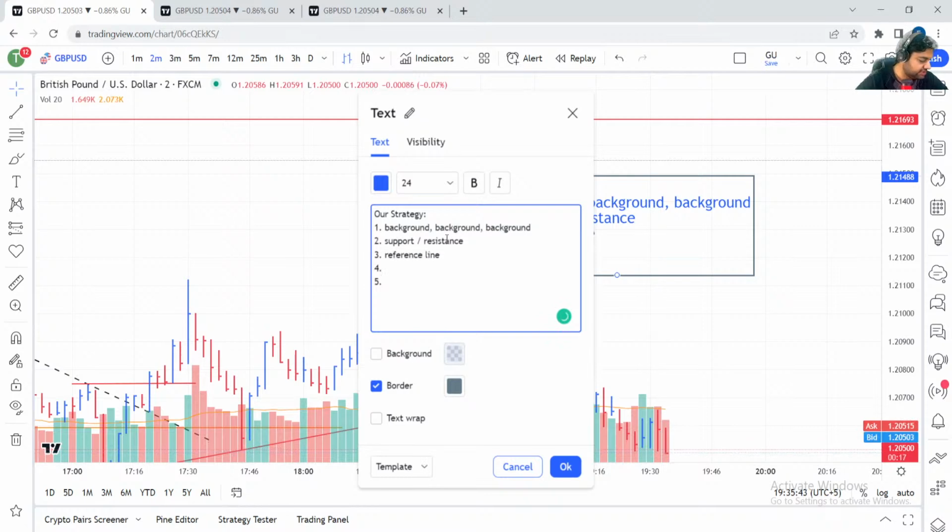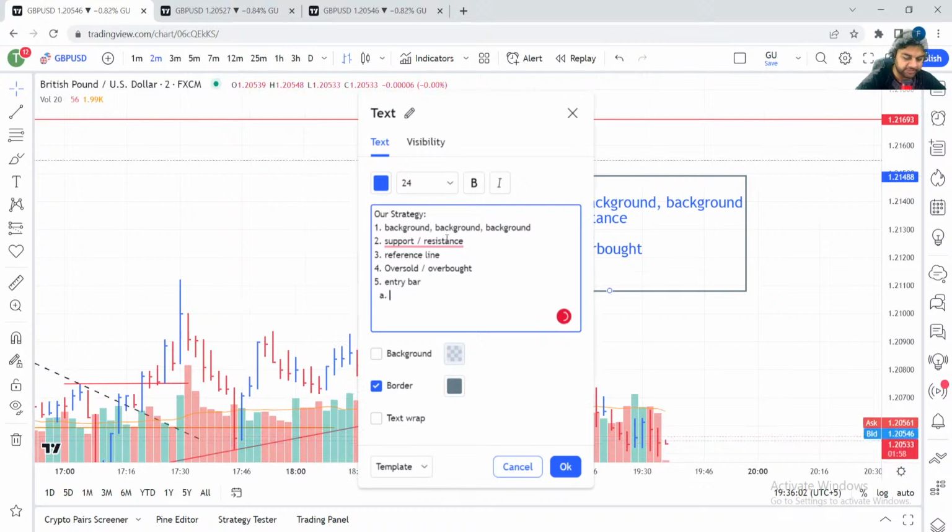Very right, Prabir Roy ji, reference line. Then what? Then we have oversold or overbought. And then the last thing is entry bar. Okay, so what are the entry bars?